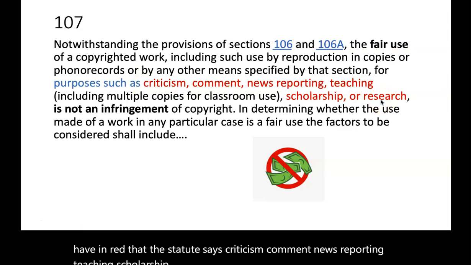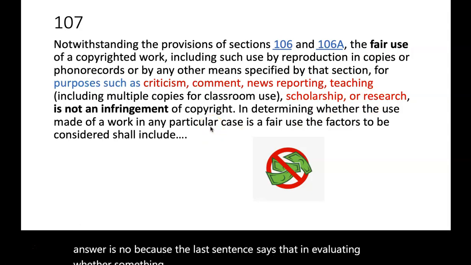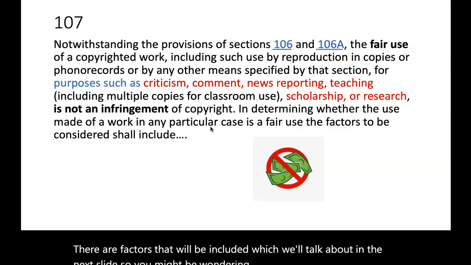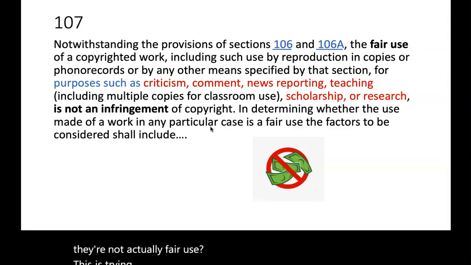Are these per se fair use? Short answer is no, because the last sentence says that in evaluating whether something is in fact fair, there are factors that will be included, which we'll talk about in the next slide. So you might be wondering, why bother listing these if they're not actually fair use? Well, this is trying to give you an example.